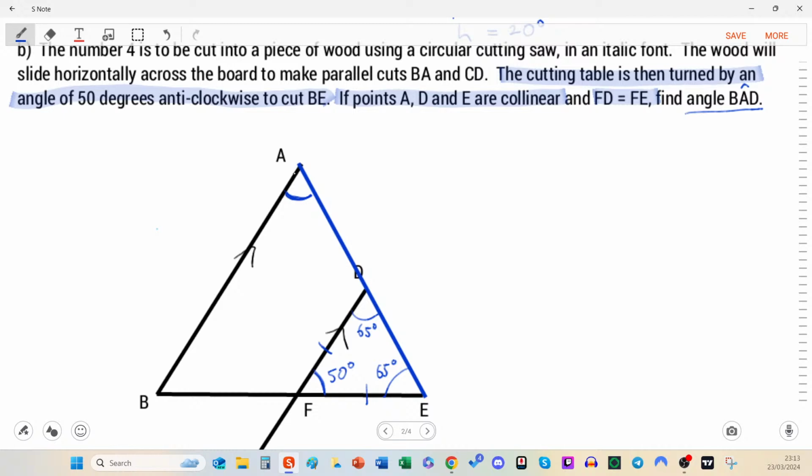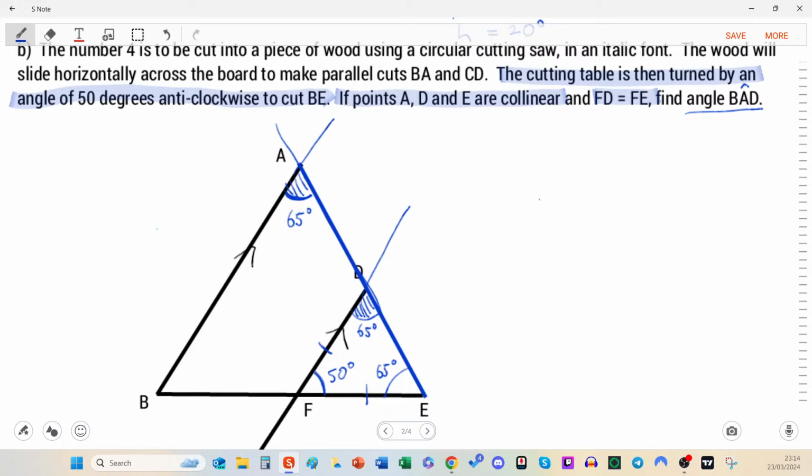But if these two lines are parallel, we can extend them, and this line cuts across those parallel lines, and so this angle here, 65, is going to be equal to this angle here, which is 65. There's another way of getting to that point, but this is quite an elegant way to save some time.